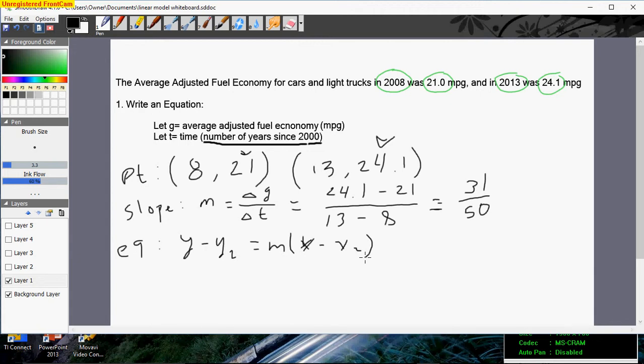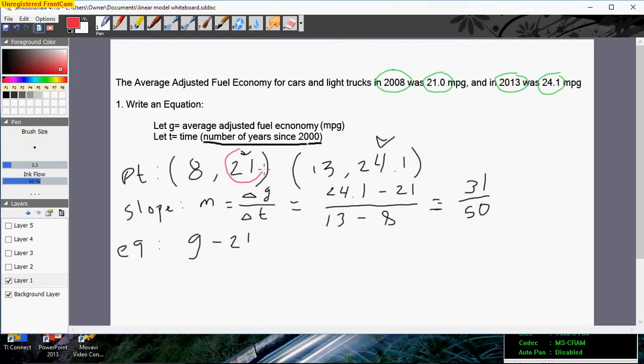We're trying to represent fuel economy and years. So let me get rid of that, and we're going to put it all into perspective to our linear model. And that's going to be g minus 21.